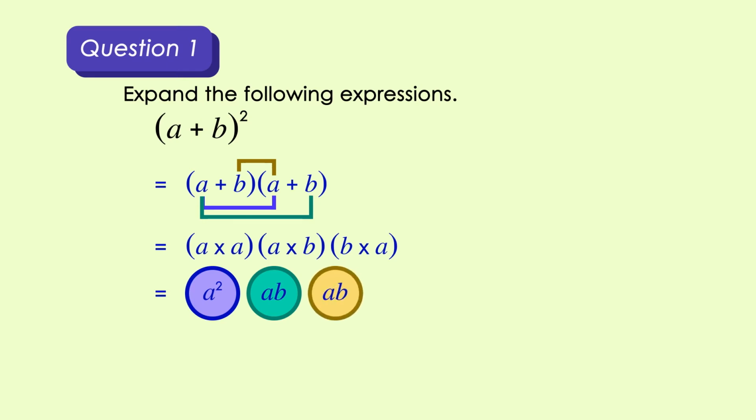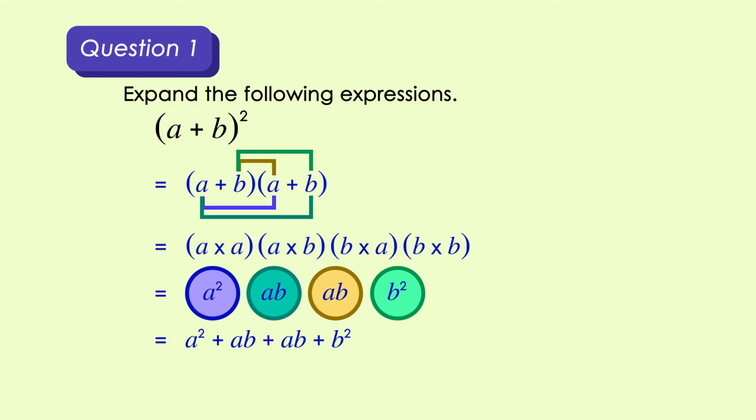So let us jot down this ab. Next, b multiplied by b is b squared. Boys and girls, please take note, we must solve our like terms. Adding both ab will give us 2ab. So our answer is a squared plus 2ab plus b squared.